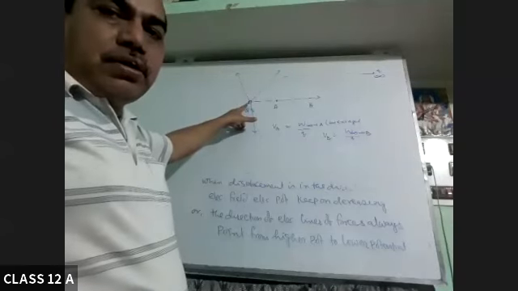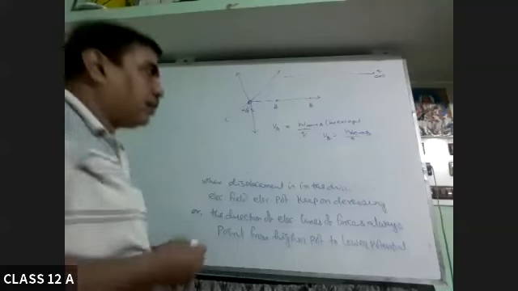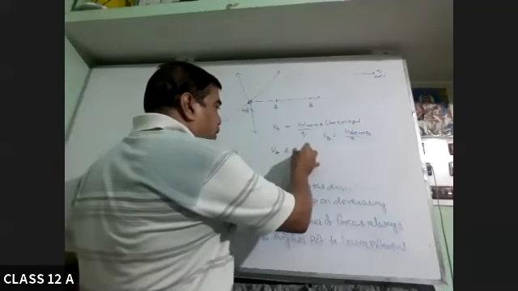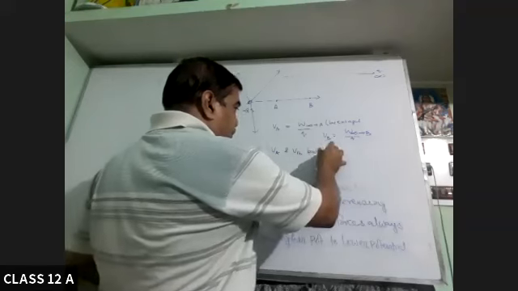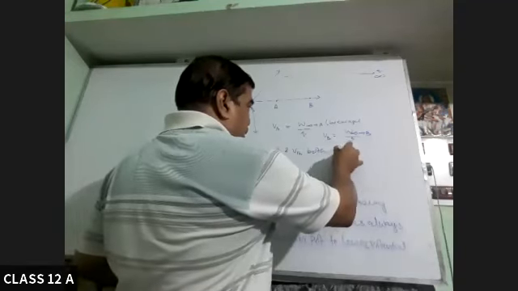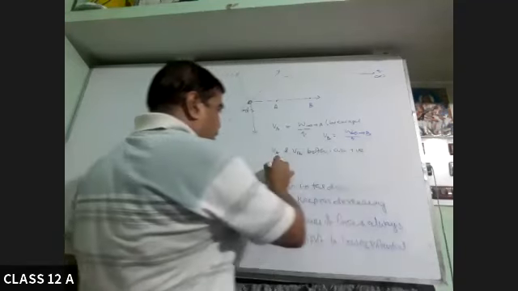Both works are positive only, because the distance will be more, since a positive charge we have considered. VA and VB both are positive, and this VA will be more than VB.